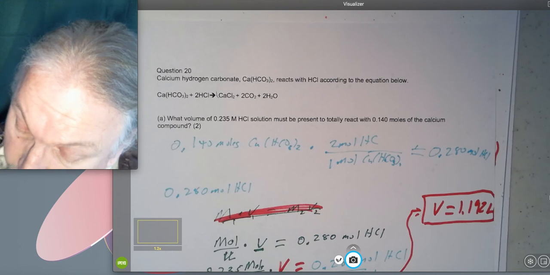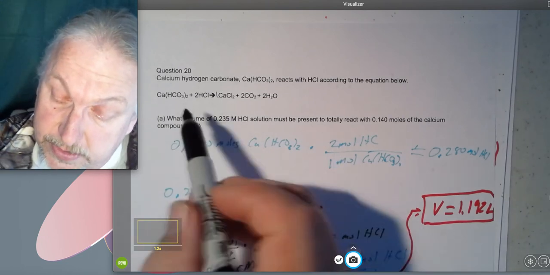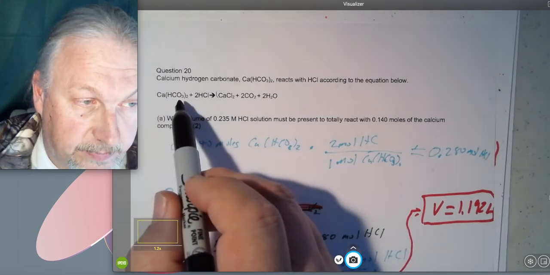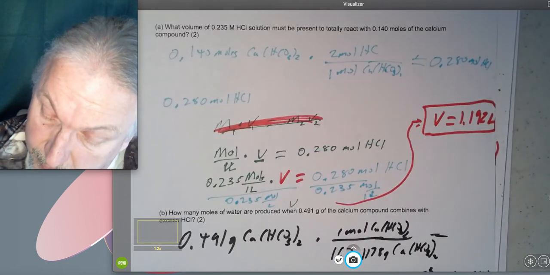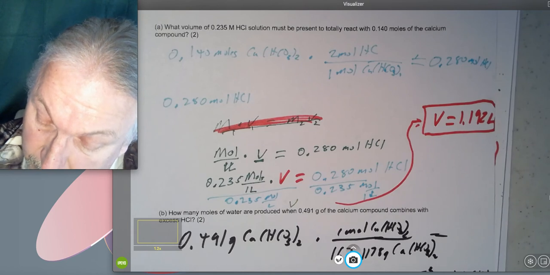Now I look at my formula, and it's asking for the moles of water. For every mole of calcium bicarb, I get 2 moles of water, and it's only asking for moles.